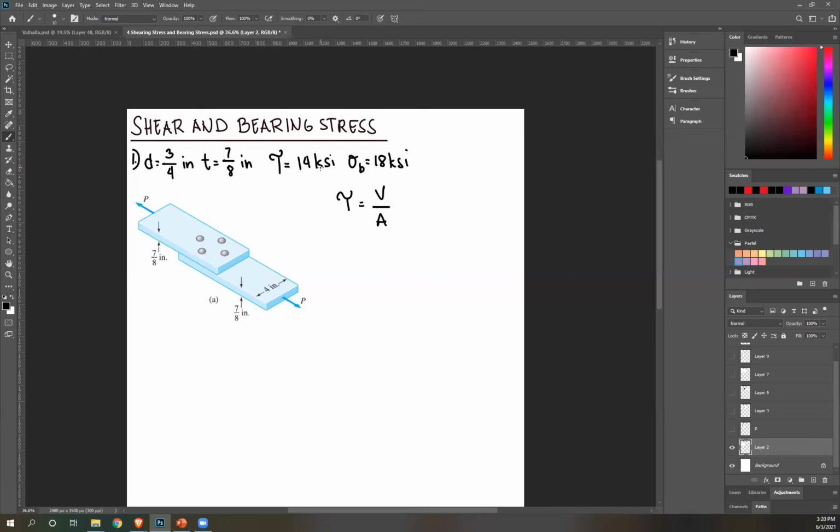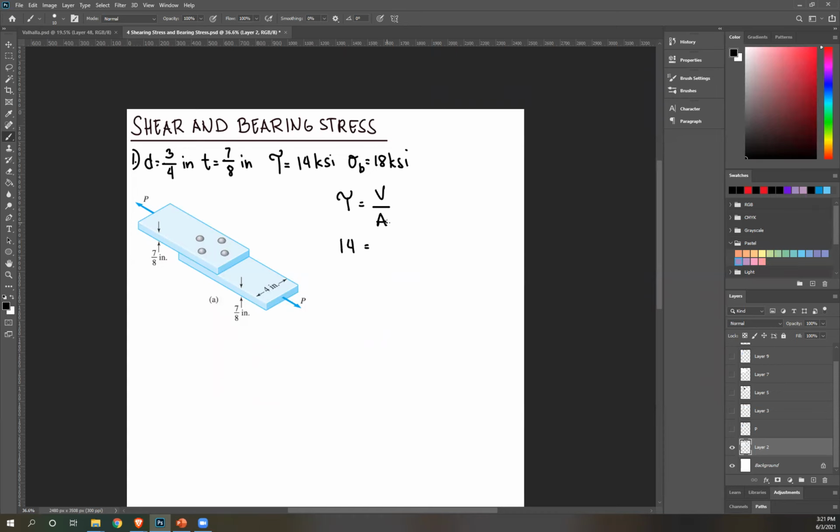KSI just means 1,000 pounds per square inch, right? Kips, if you learned this in your MEC 30, kips is just 1,000 pounds. Therefore, KSI is just 1,000 PSI. Okay, so 14. Next, V. V is what we're looking for.